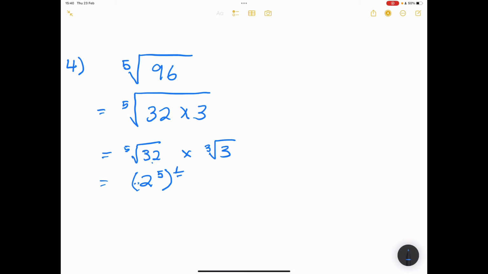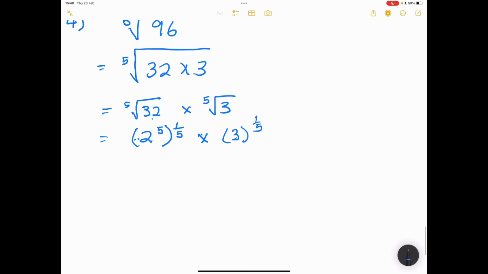Multiplied by 1 over 5, right? So if I change that root, it becomes 1 over 5. Why did I say 3 here? It's 5. Sorry about that. So that's 2 to the 5, multiplied by 3 to the 1 over 5. Or if you want to leave it in that format, you may do so.